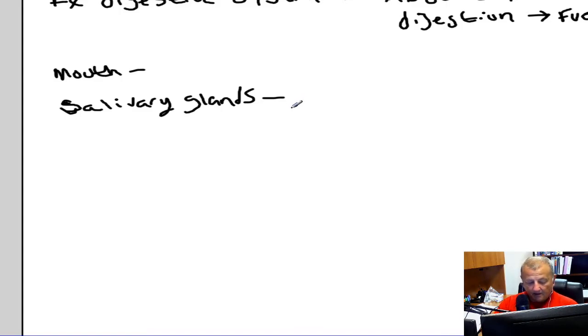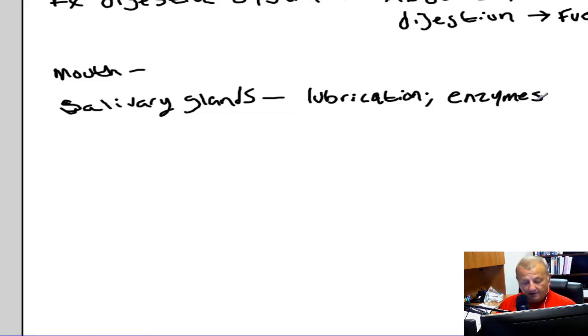Well, they provide lubrication and release some enzymes. Those enzymes help to start breaking down that food. That's their goal. An enzyme is a chemical that helps to break down carbohydrates into sugars.